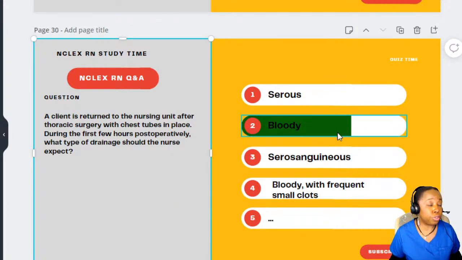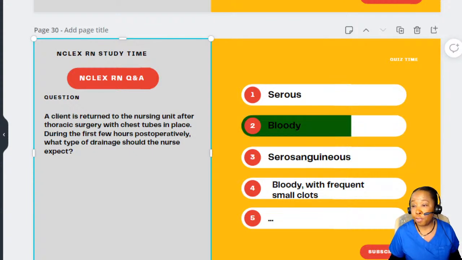So in a post-op patient during the first hours, you will find that this is an expected outcome for a patient just coming from a thoracic surgery, for example.